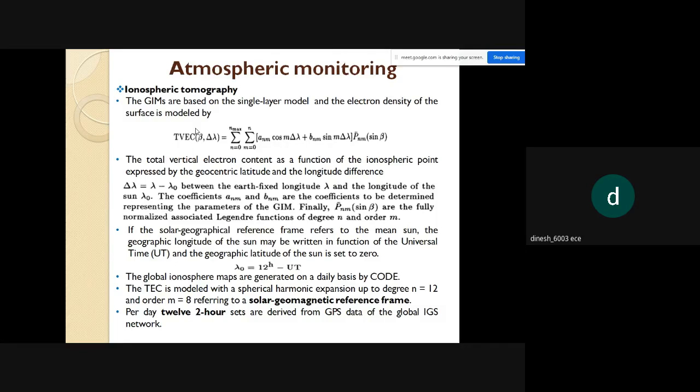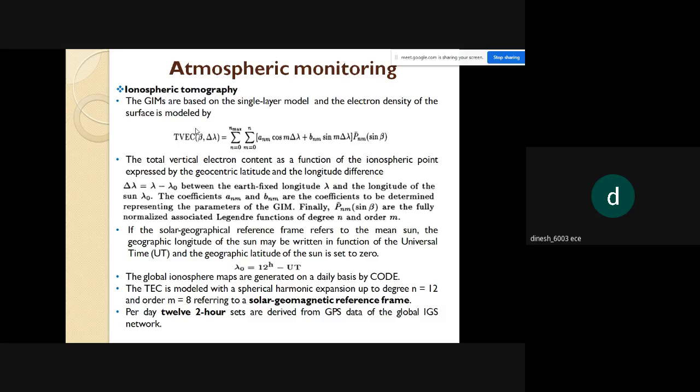So the global ionosphere maps are generated on a daily basis by CODE. The total electron content is modeled with a spherical harmonic expansion up to degree n equal to 12 and order m equal to 8.